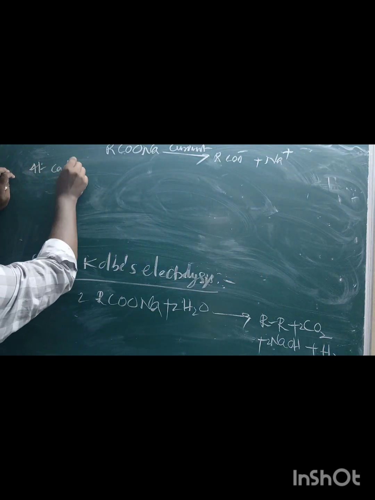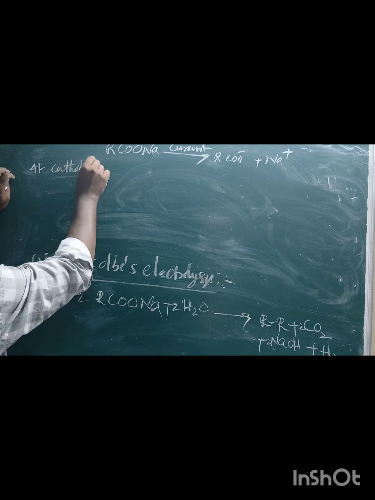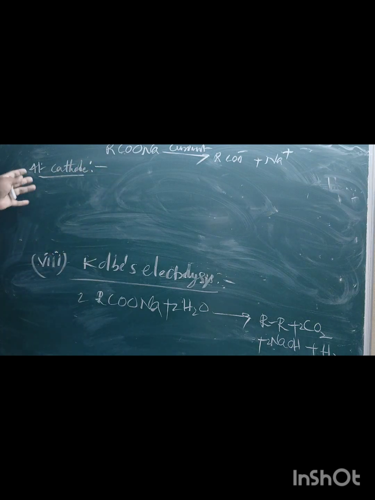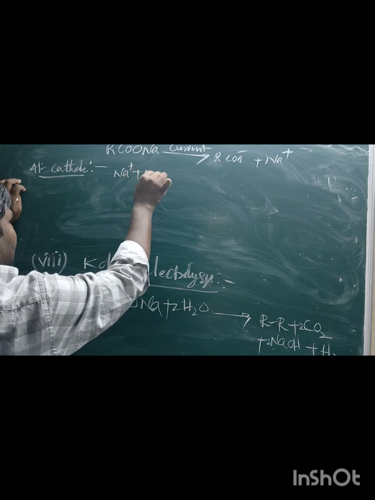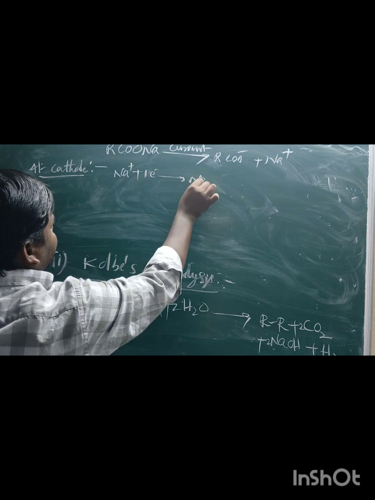At the cathode, reduction takes place. At the cathode, sodium tries to gain one electron to form sodium metal.